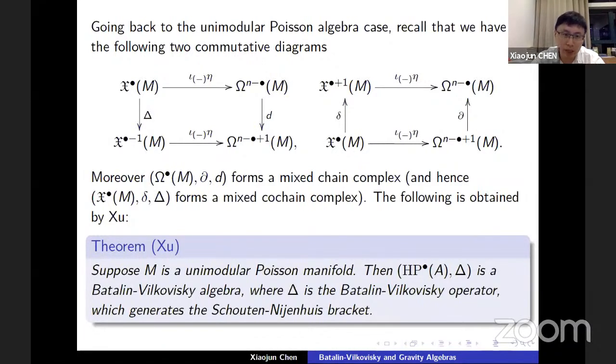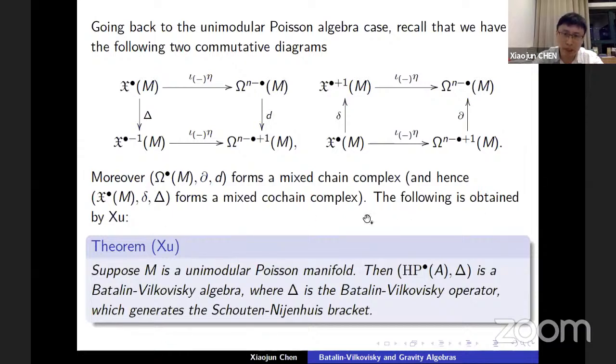D plus delta, squared, is 0, and it's cohomology on the cochain level. Since it forms a mixed complex, we can define this delta on the homology level.